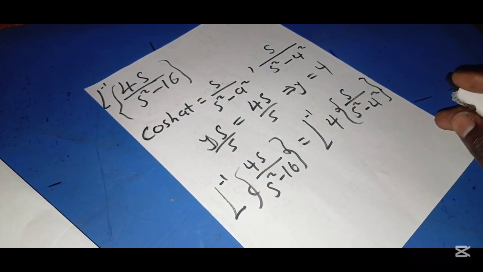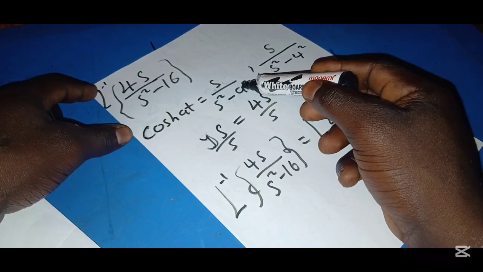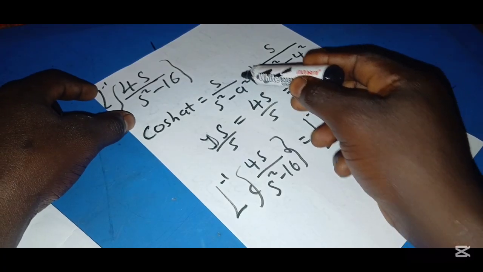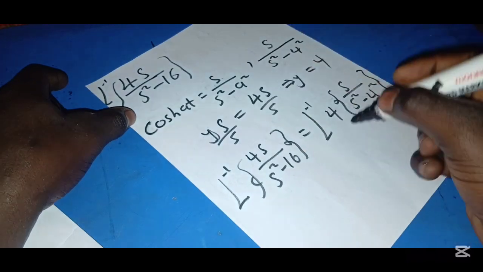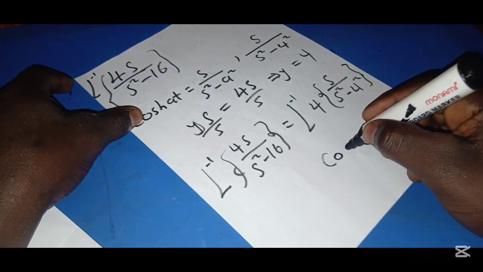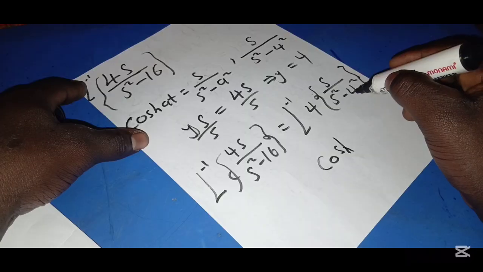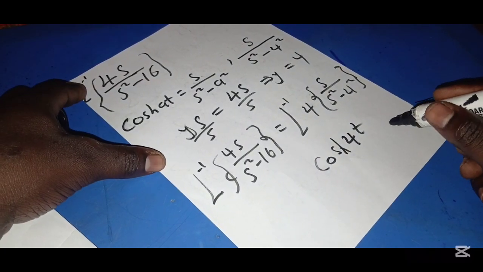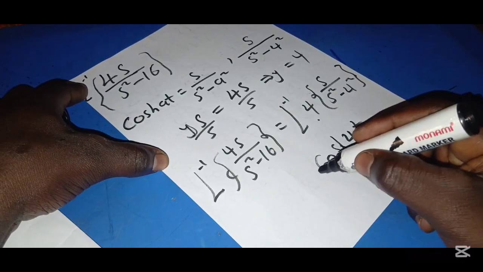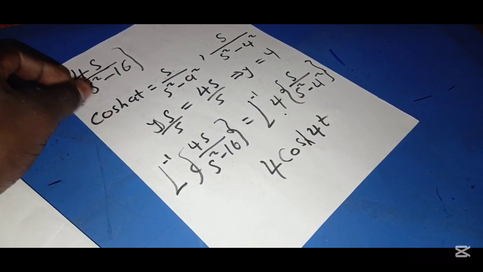And as usual, the Laplace inverse is converting a term from this form to this form. And we found out it is cosh function. So cosh, and I found the value for a to be 4, so 4t. And now don't forget that we have a constant here. Just bring that constant here. We are done for this problem.